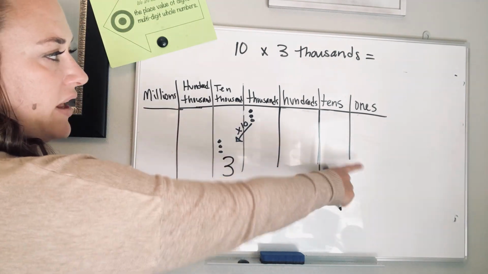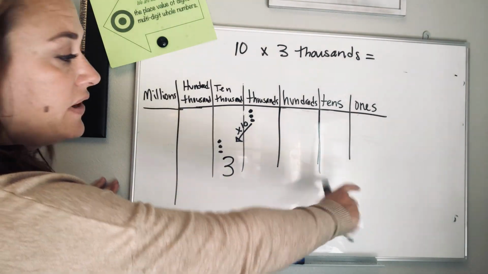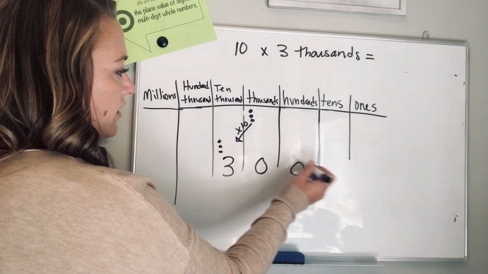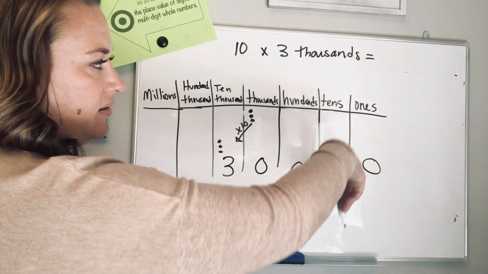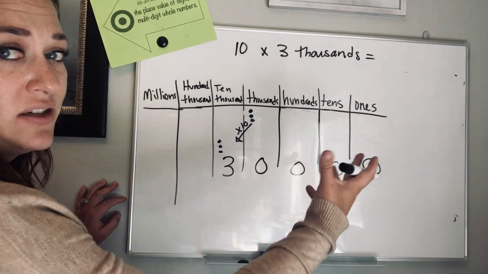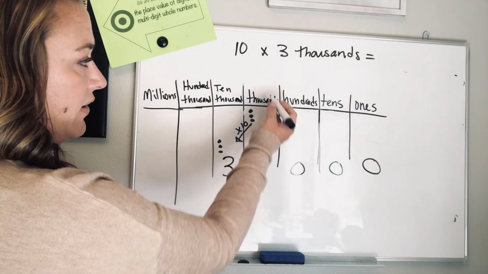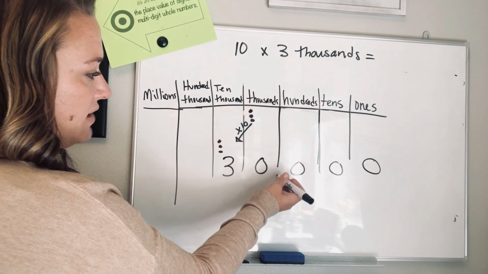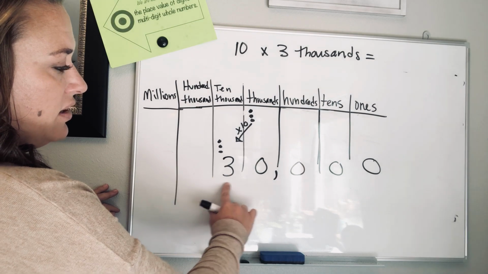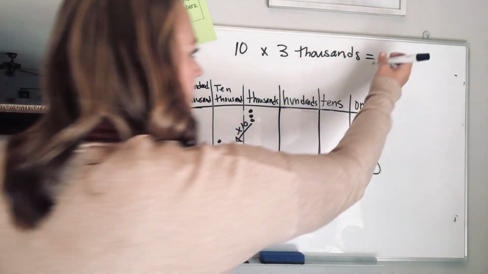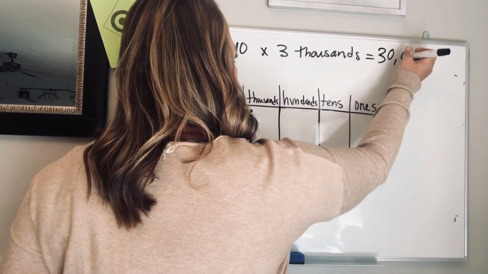I don't have any value in my smaller place values, so I have to put that 0 in there to represent them. There are still place values there, I just don't have any value in them. My comma goes in the thousands place. So 10 times 3 thousands is going to give me 30 thousands. 30,000.